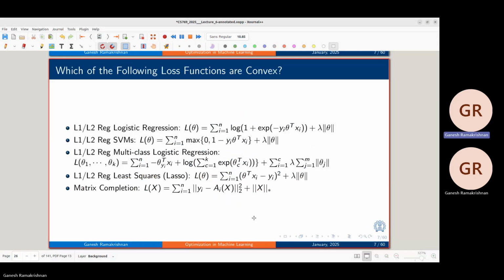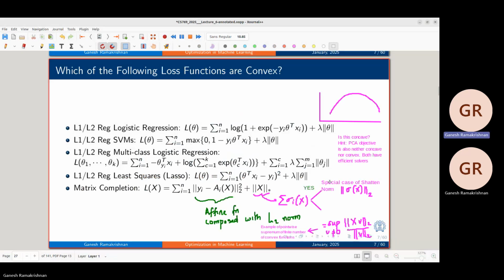From that perspective, it is affine only. So it's a norm composed with an affine function. That's exactly what it is. And we've already seen this part is a Schatten norm, a special case of the Schatten norm, or it could also be seen as an example of the pointwise supremum of an infinite number of convex functions. Sorry, it's infinite, not finite. I made a mistake.